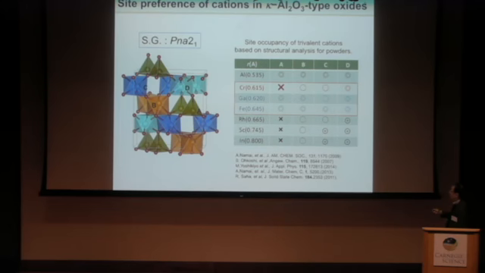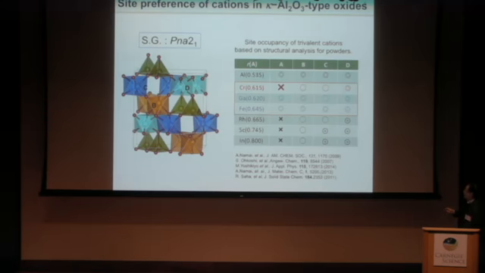And we chose chromium substitution because, according to the crystal field theory, chromium cannot take coordination of 4.